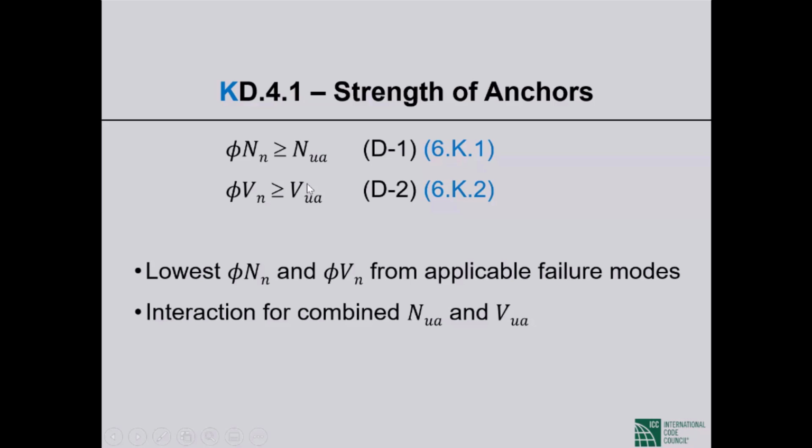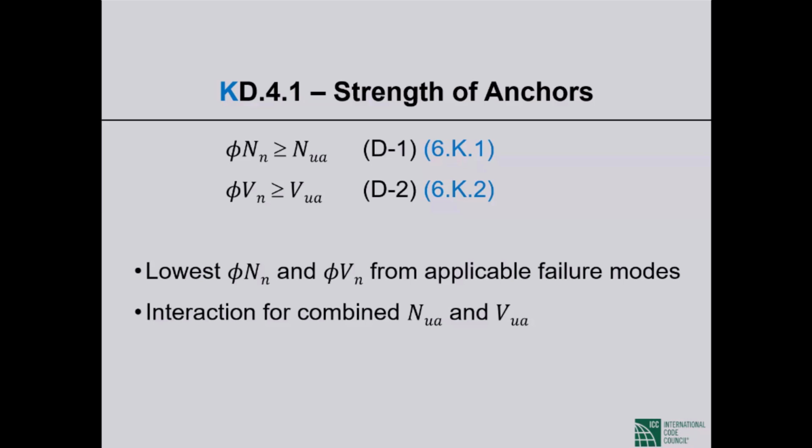Now, for an anchor subject to tension, we consider multiple failure modes, and the lowest of the strengths corresponding to the multiple failure modes is the nominal axial strength N sub n, which has to be reduced by a proper phi factor. Similarly, for an anchor subject to shear, we also consider multiple failure modes.